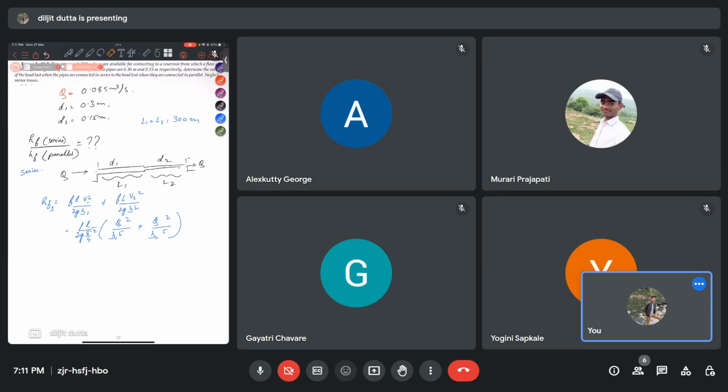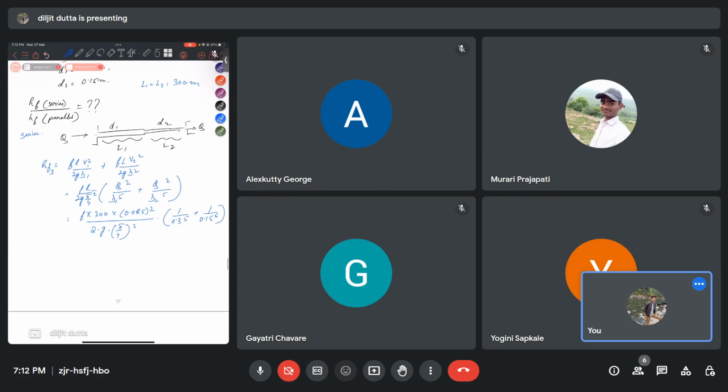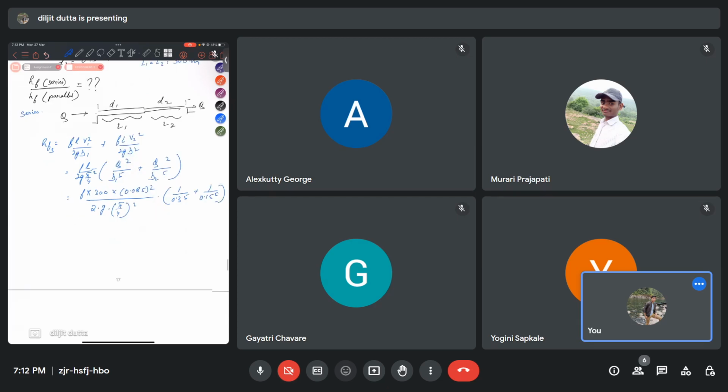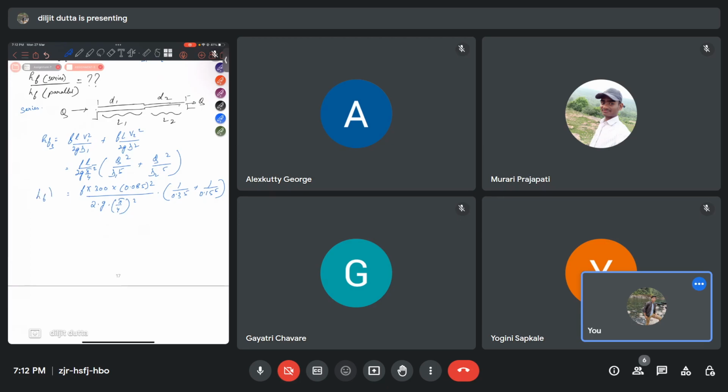Both Q will be the same, so it will be f into 300, Q will be 0.085 square, by 2 into g into pi square by 4 whole square, into 1 by 0.15 to the power 5. Okay, this is for HF in series.